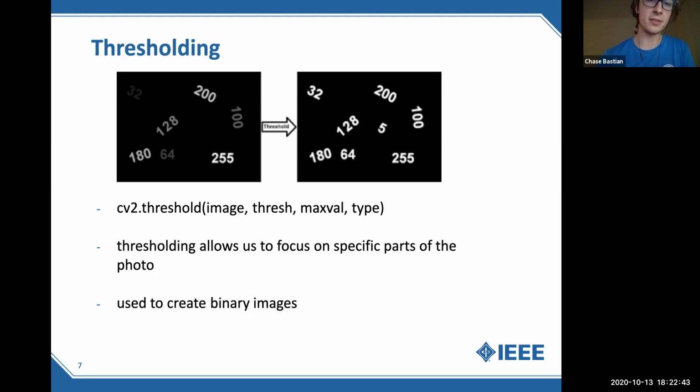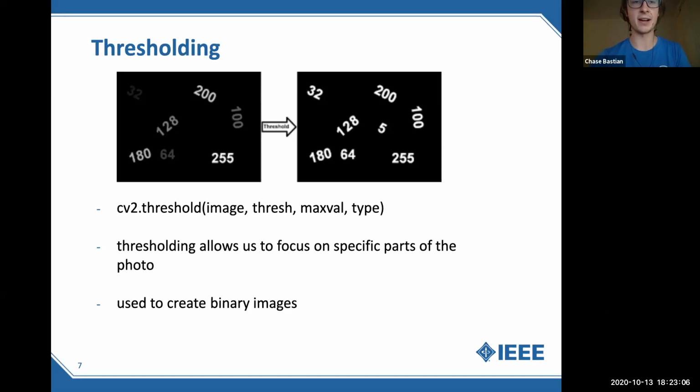And then the third argument is the max val. So what that does is, depending on how you're doing the threshold, in our case, we're going to be doing what's called a binary threshold, in which if the pixel value is below the threshold we give, we want it converted all the way to black. It just shouldn't be there. And then if it's above, we want it converted all the way to white so that it stands out really high.